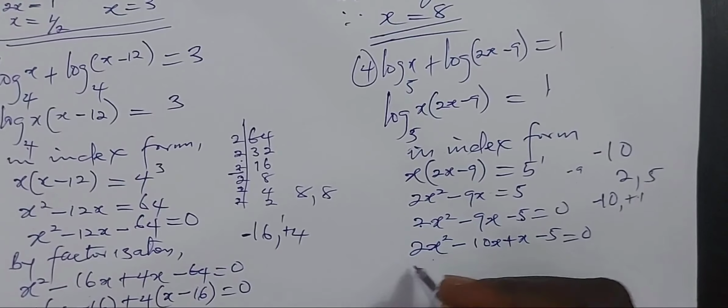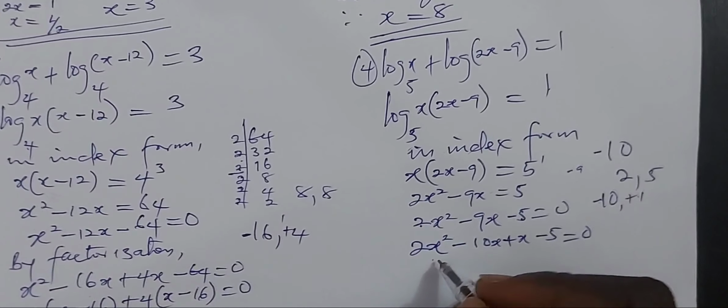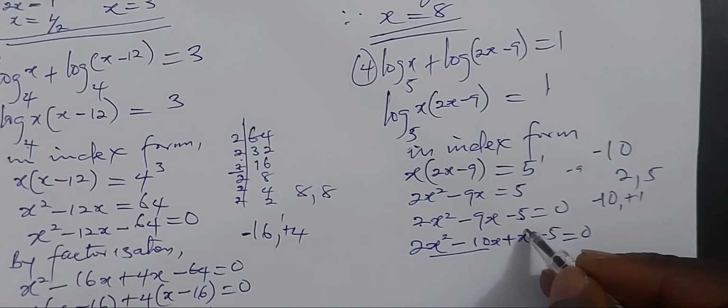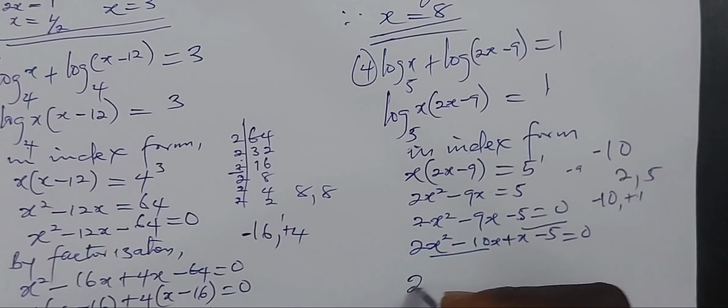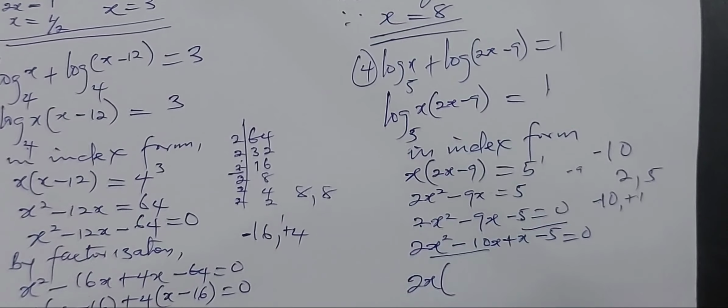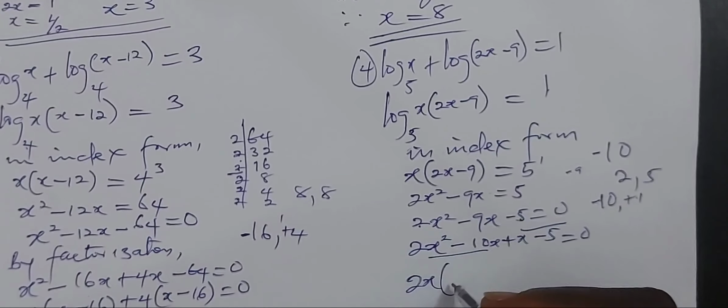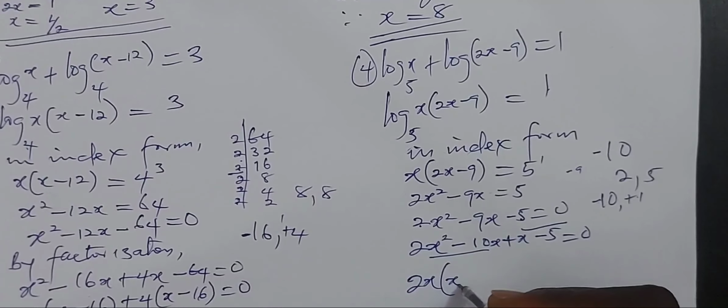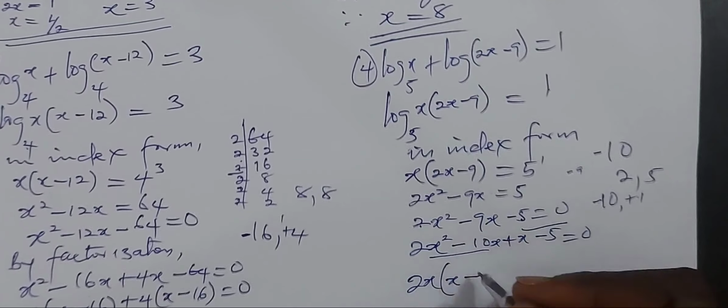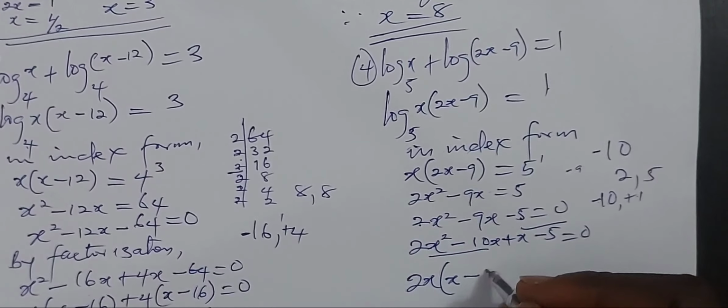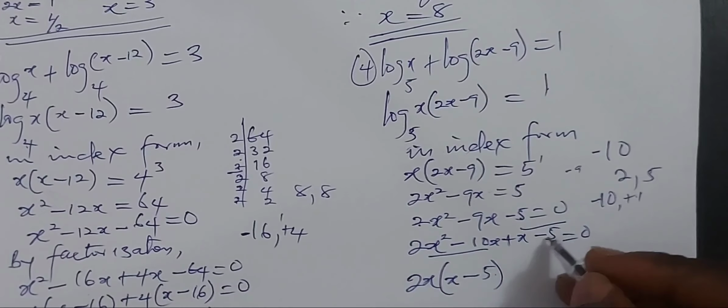So what is common to this pair here and this pair? We have 2x is common. 2x squared divided by 2x, we have x. Minus 10x divided by this, we have 5. What is common here?